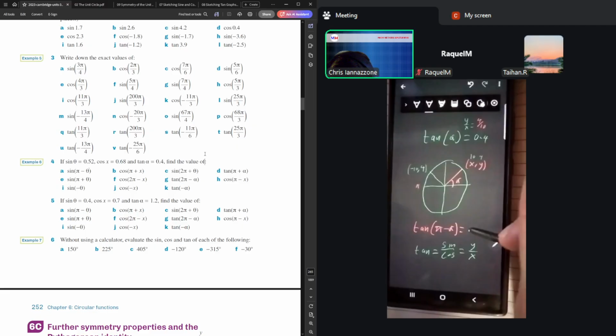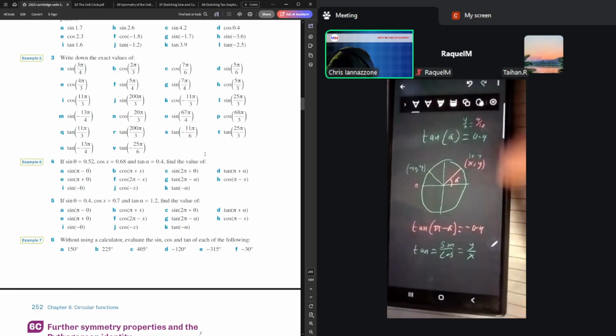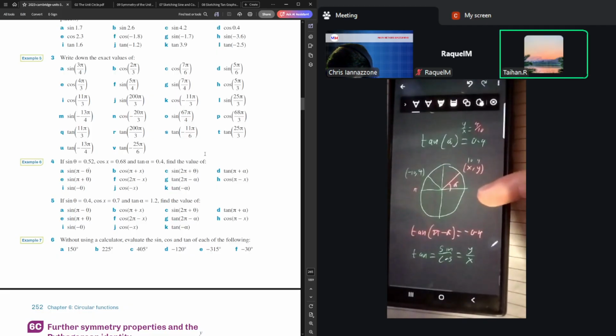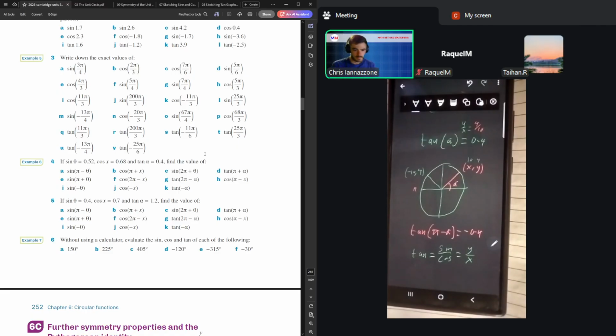One ends up being negative 0.4. Wait, so for tan, when we're drawing out the angle, it's the same process, but at the end we're doing the sine over cos. Yeah, precisely.